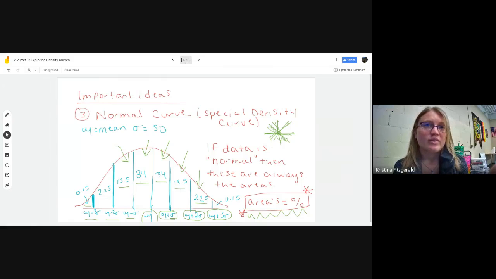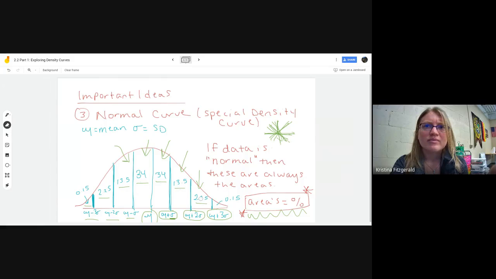This is basically always a bell shape, and somebody back in the day figured out that if we put the mean in the middle, which for symmetric distributions makes sense, and we mark out some special spots, 1 standard deviation up, 2 up or 3 up, and then 1 back, 2 back, and 3 back from the mean, then sections of this graph have a certain area, and it all adds up to 1 or 100%.